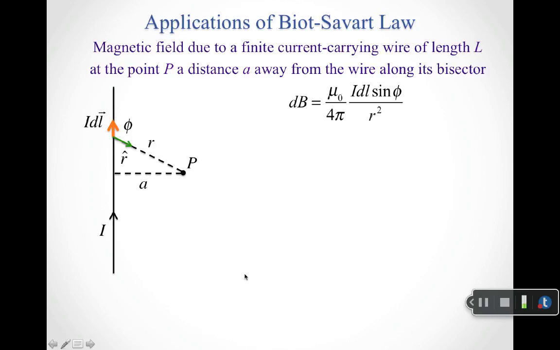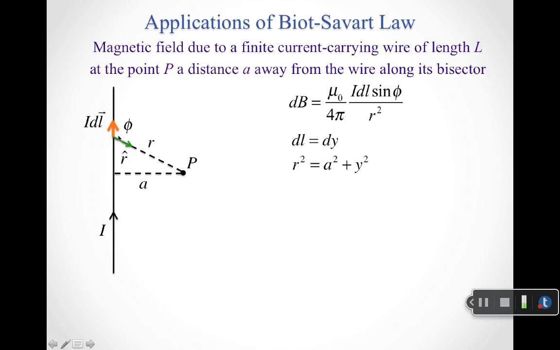When I go to figure out the pieces I need for dB, since my wire is running up and down, I'll choose to call dl dy.